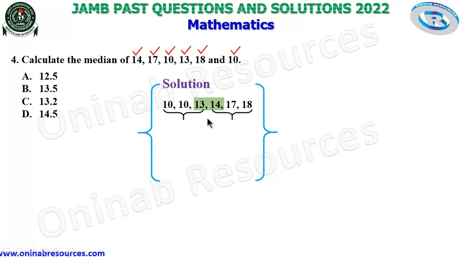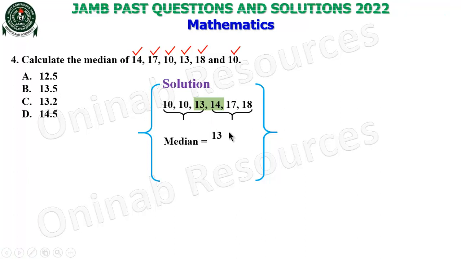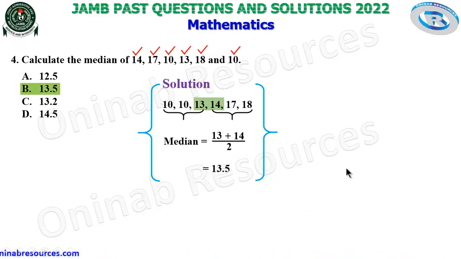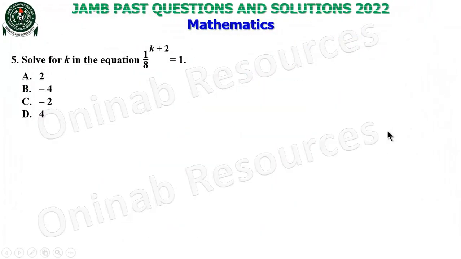So in this particular set of data, we have two numbers in the middle. So to get the median, we add the two numbers and then divide the sum by 2, and that will give us 13.5, and that is option B for problem 4. And that's all for problem 4. We then go to problem 5.